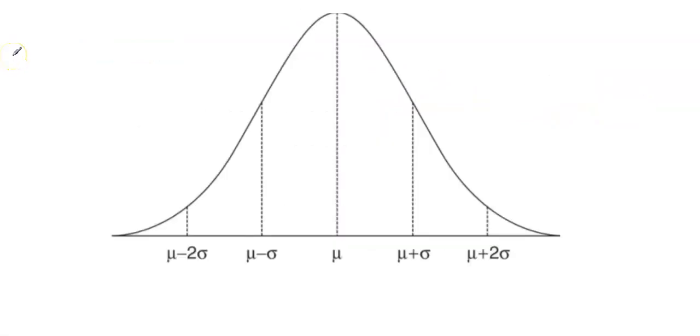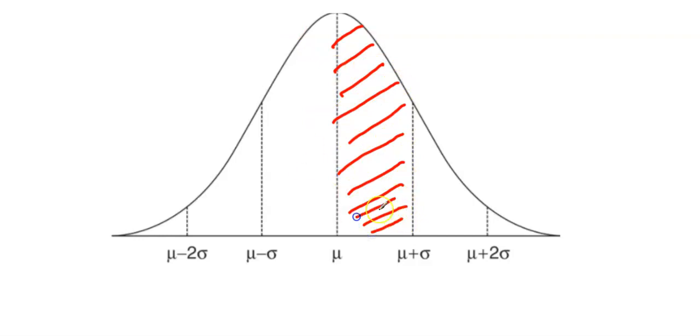Now, let's explore this a little bit further. Now that you know the 3 percentages of the empirical rule, let me ask you a few questions. First question is, if I was to shade just this part of my bell curve, can you tell me what percent of the data falls between mu and mu plus sigma?